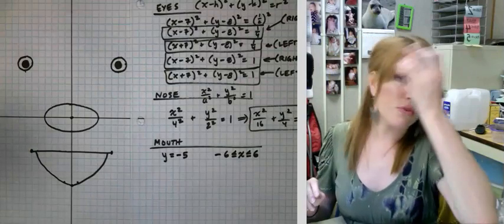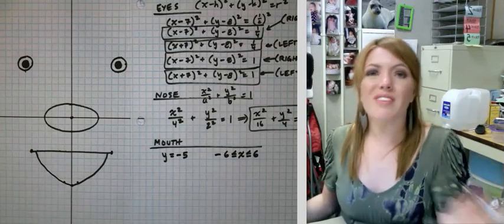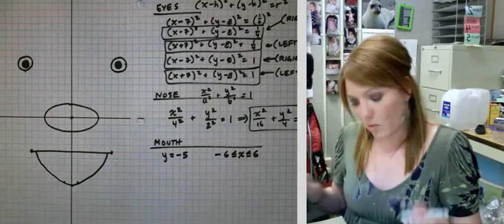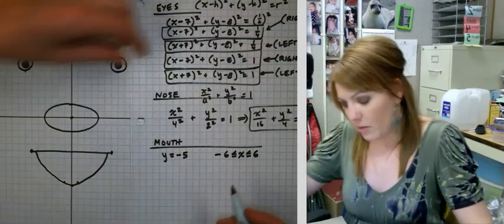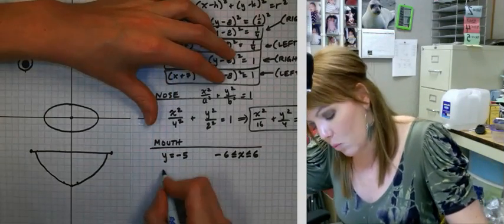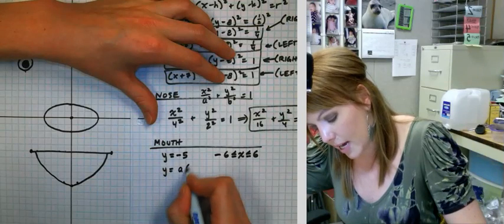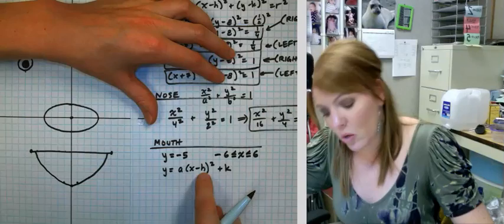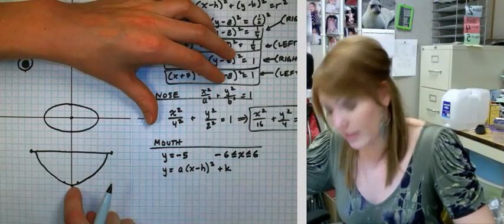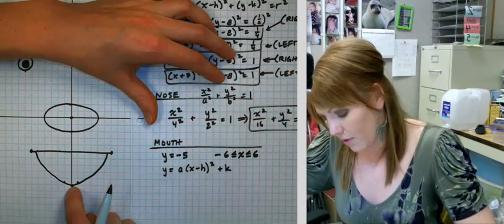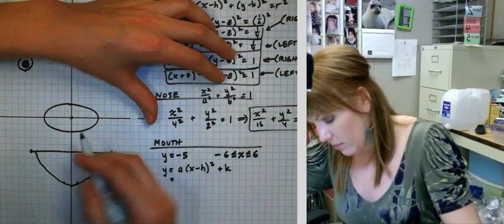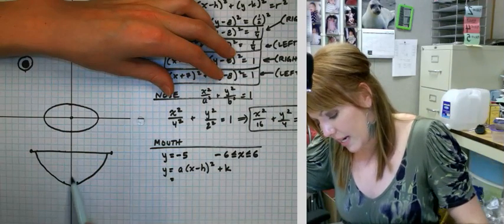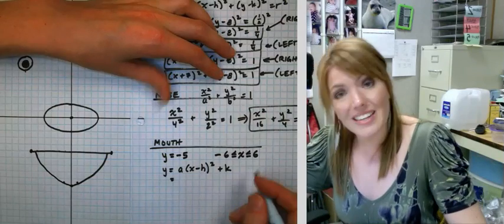Then for the parabola, we have to think back to when we studied parabolas a while ago. We haven't had a chance to revisit them yet with our conic sections unit, but the way that it works is y equals a times x minus h squared plus k. So h and k, in this case, is the vertex. So our vertex here is at 0, negative 1, 2, 3, 4, 5, 6, 7, 8, 9, 10. 0, negative 10.